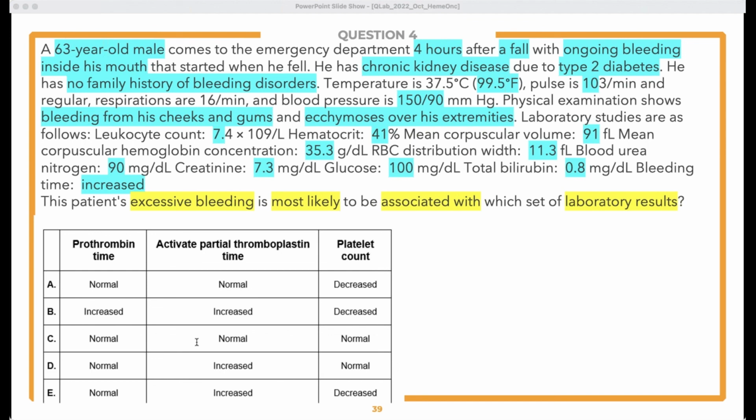It's more so just the kidney function preventing the platelets from working well. The other answer choices are all getting at some sort of bleeding disorder or other condition, which is not what we have going on here.